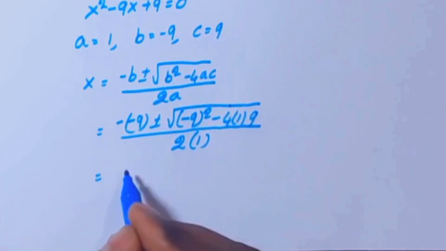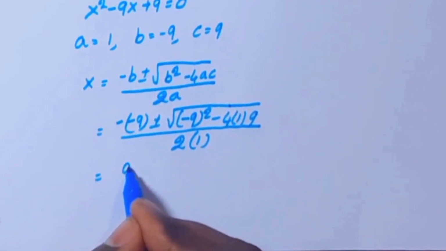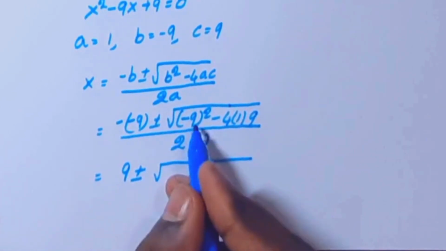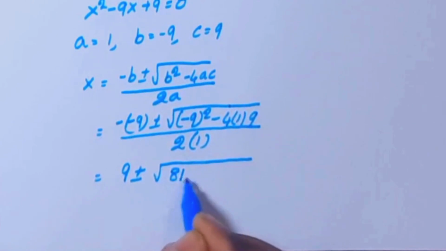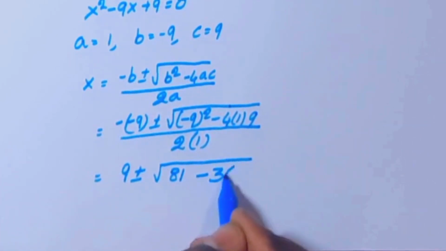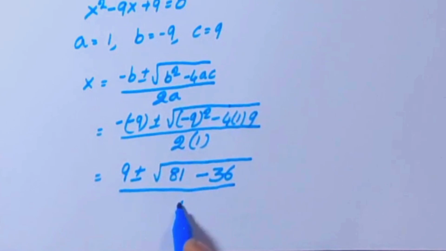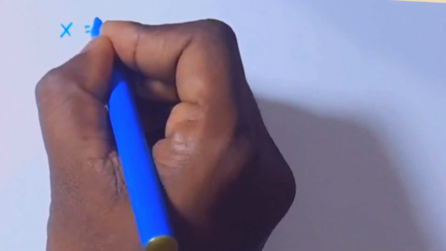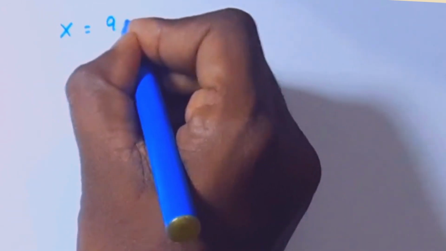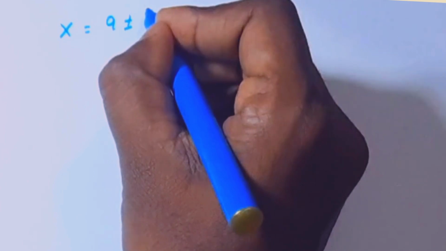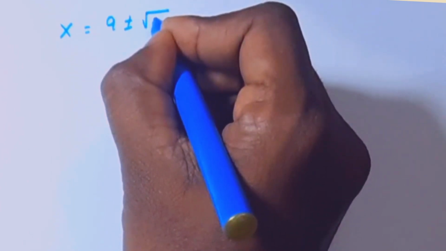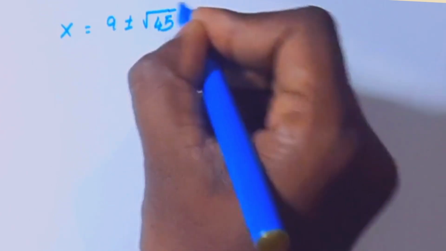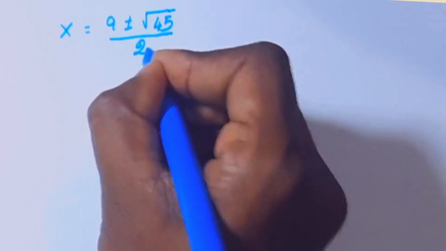Equal to, this minus into minus is plus, 9 plus or minus square root of 81 minus 36, by 2. Now x equal to 9 plus or minus square root of 81 minus 36 is 45, by 2.